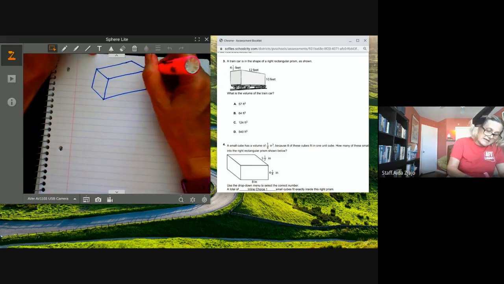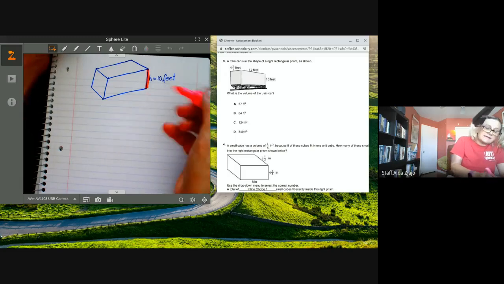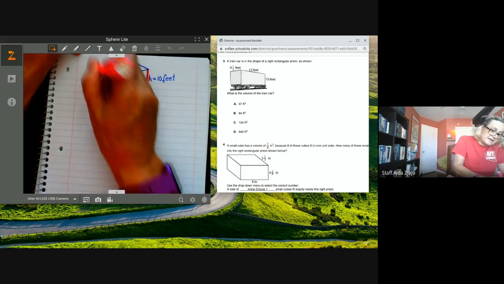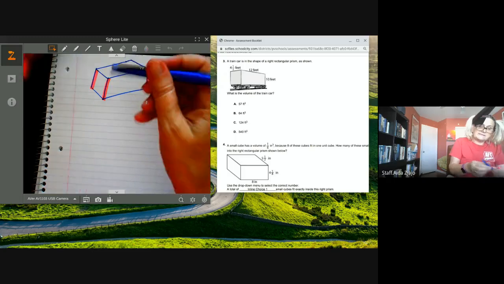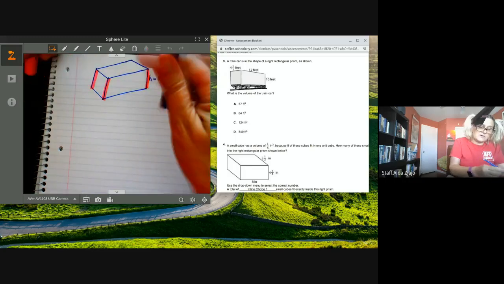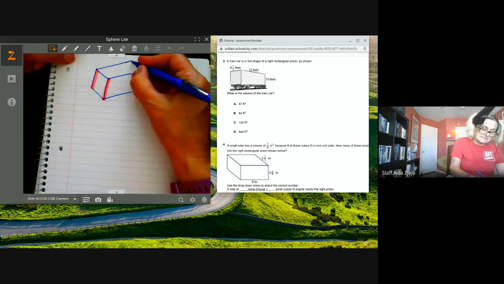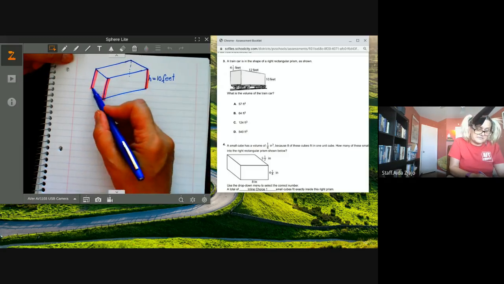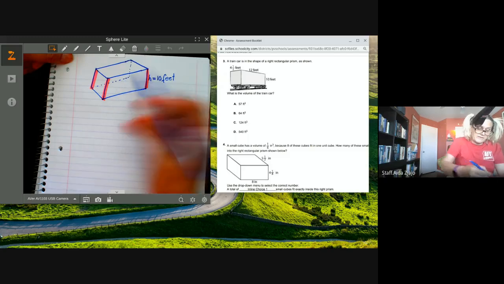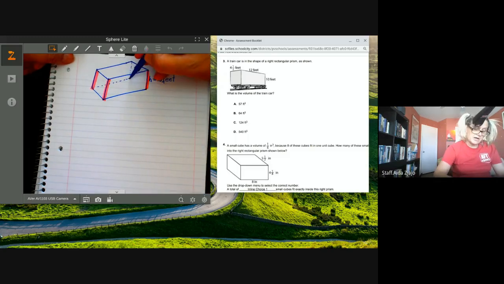Okay, and height can be seen here and here, and even inside this is a height. There's something that you cannot see, but it exists there because the first faces are blocking the back of the car.